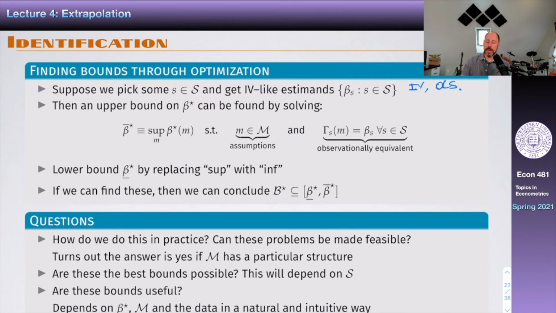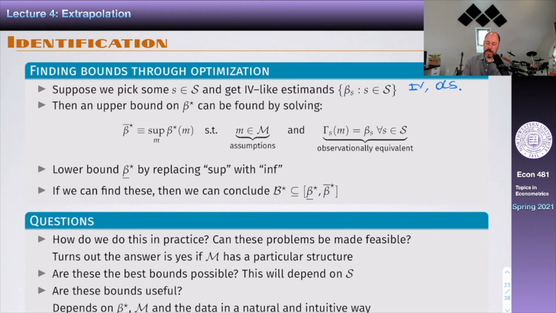Then we're going to construct an upper bound or lower bound for our parameter of interest, or target parameter, by computing the supremum over the functions m's of beta star m, such that these functions satisfy our assumptions, and these functions give us the value of the IV-like estimates that we are considering. In this case, IV and least squares. Okay, so suppose IV is 0.68, least squares is a half. It has to be that when you plug into these formulas that we know, you get 0.68 and a half.